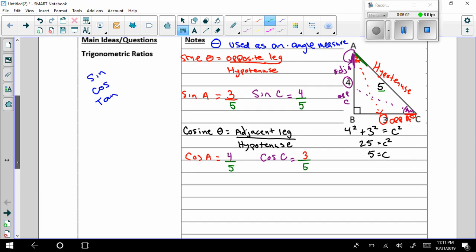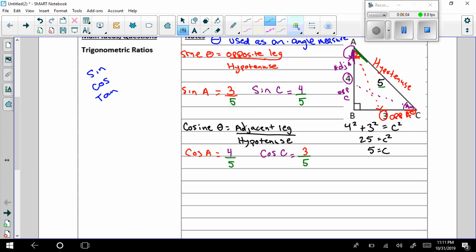Right? The last trig function is tangent. And the tangent of theta is equal to the opposite leg over the adjacent leg.